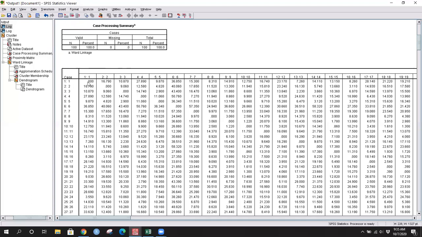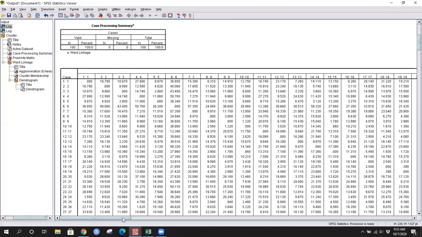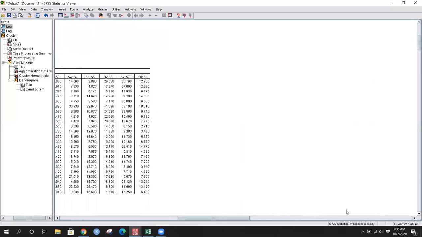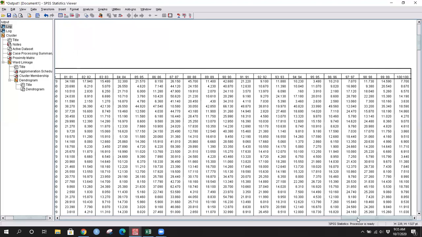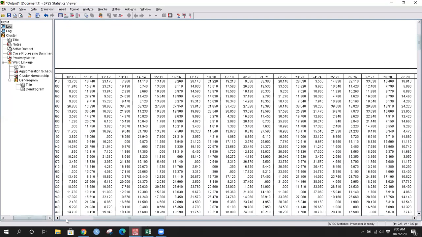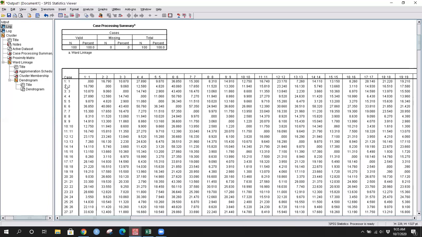This is my first individual, this is my second individual, this is my third individual, and so on till 100. So I'm going to have 100 different individuals here, as you can see. Likewise, on the row side, here also I have starting from 1, 2, 3 until 100.